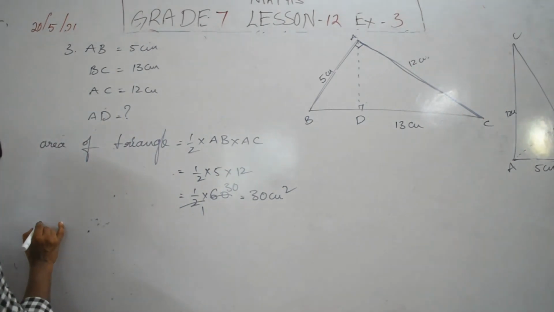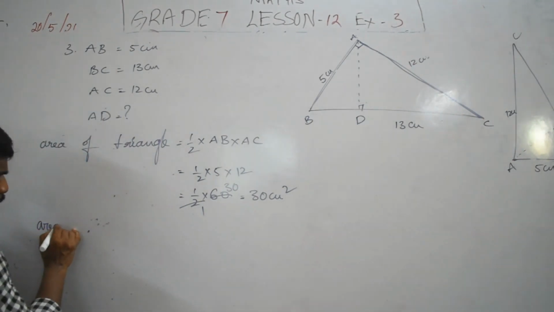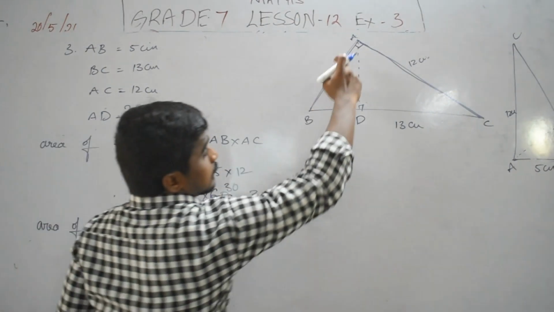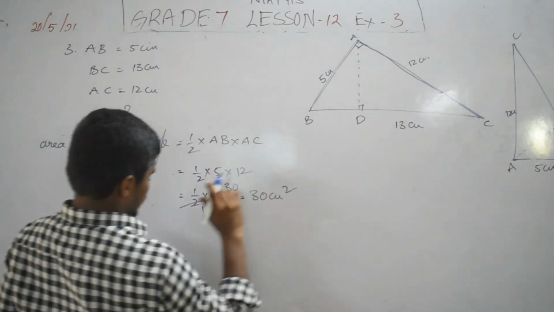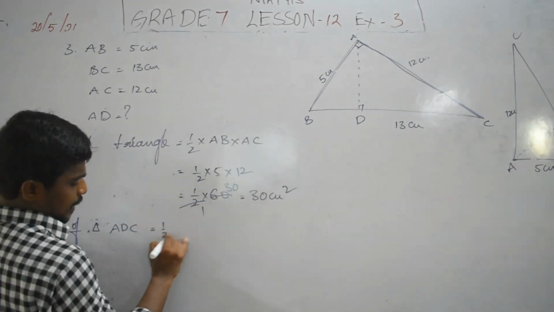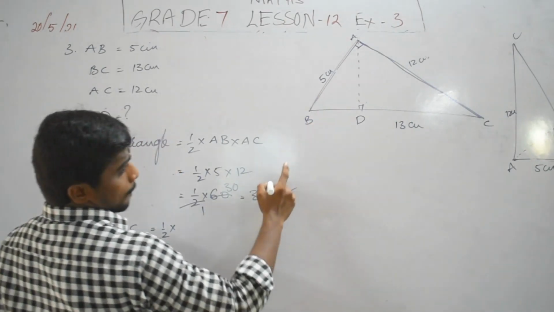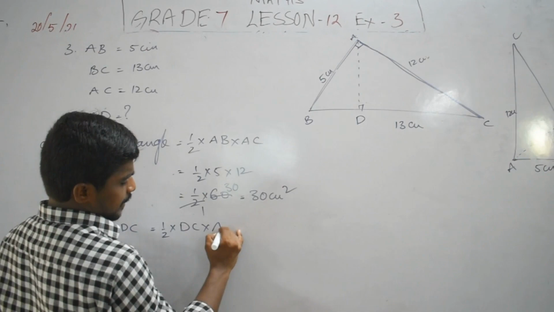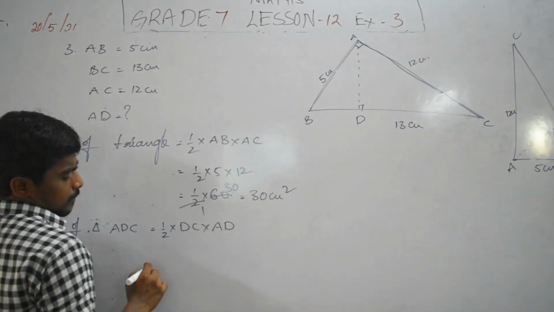Another one. Area of the triangle ADC. 1/2 times base DC times height AD we don't know.